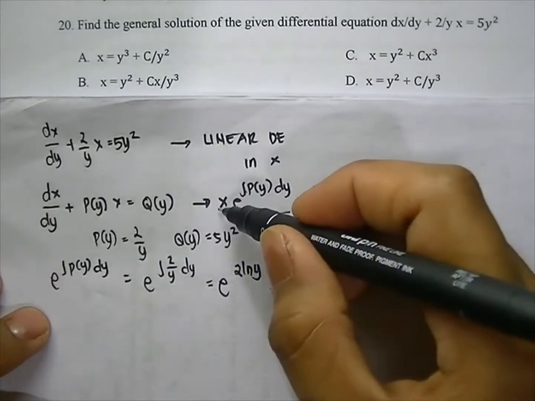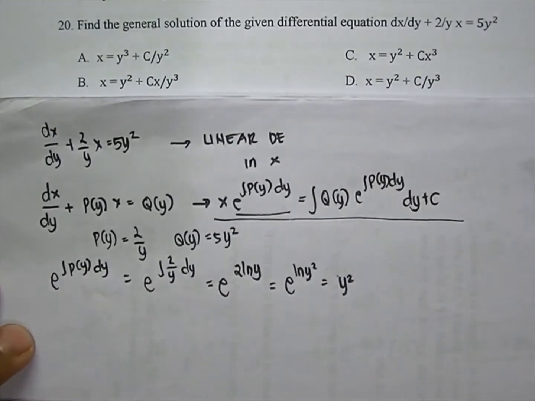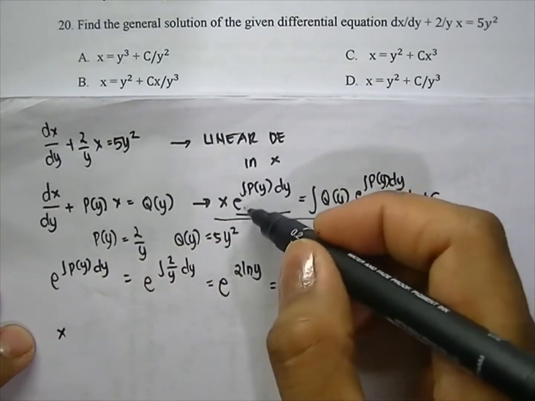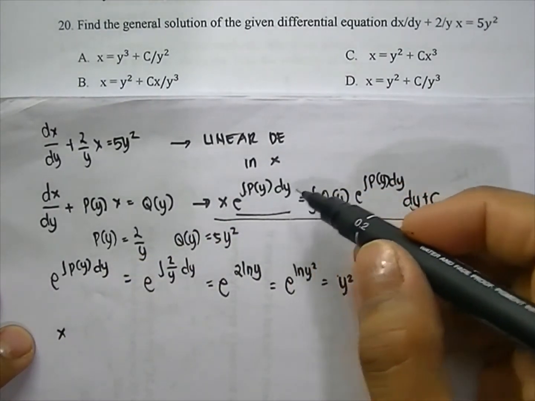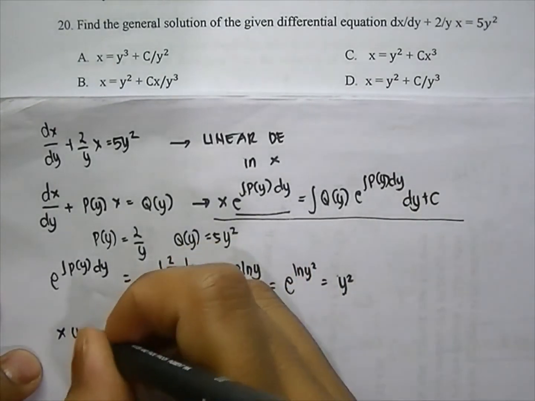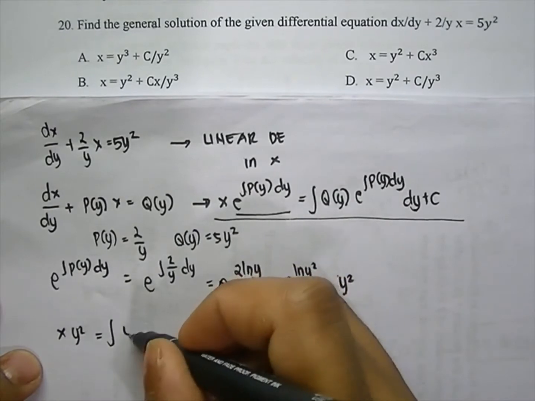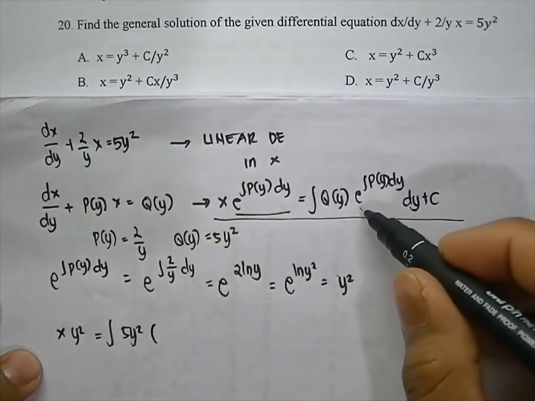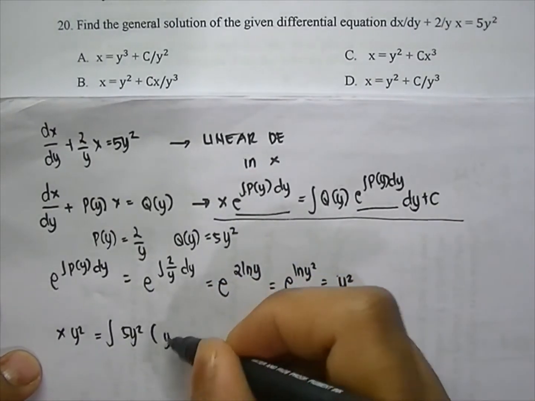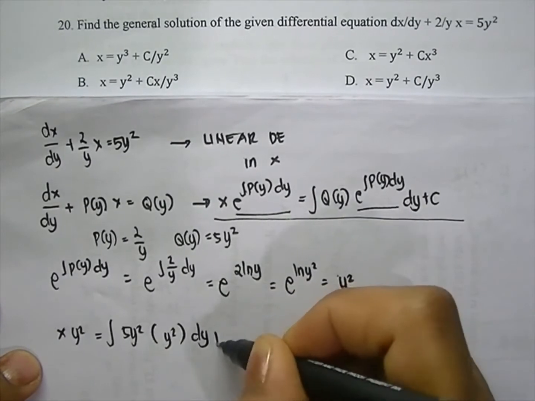So substituting here, we have x times e raised to the integral of p of y dy, which is y squared, equals the integral of q of y, which is 5y squared, times this y squared, dy plus c.